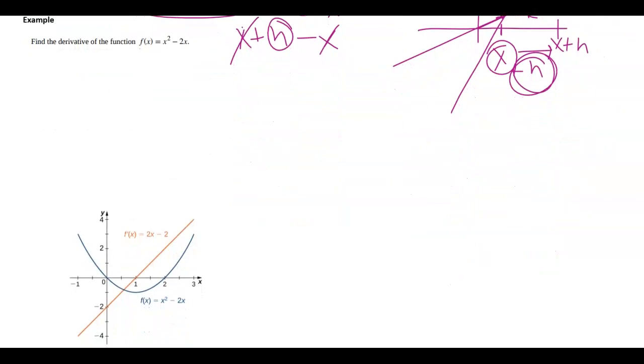Find the derivative of x squared minus 2x.